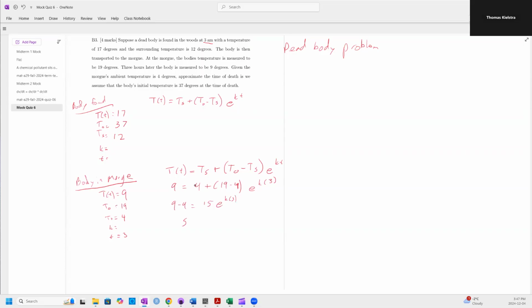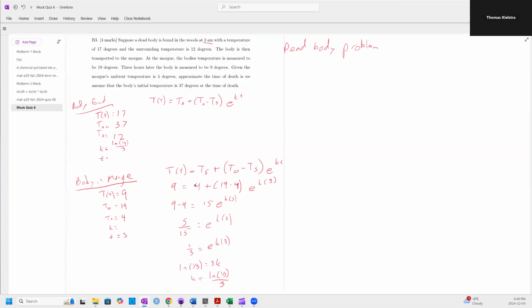So 5 over 15 equals e to the 3k. So 1 over 3 equals e to the 3k. Ln of 1/3 equals 3k. K equals ln of 1/3 over 3.